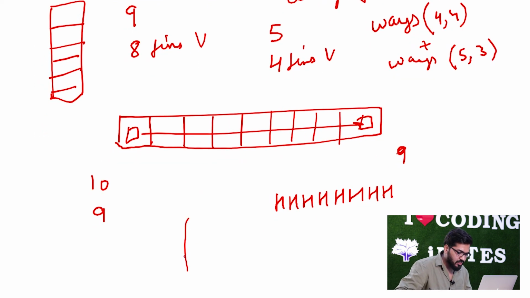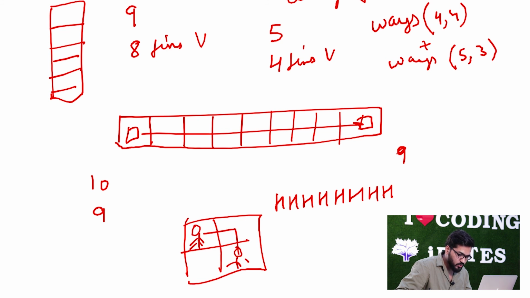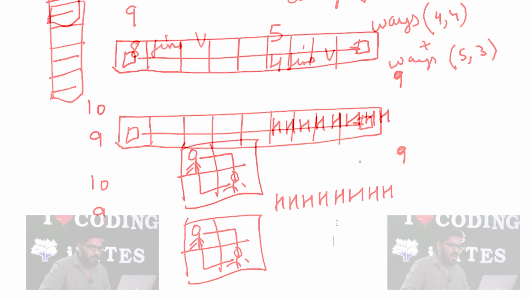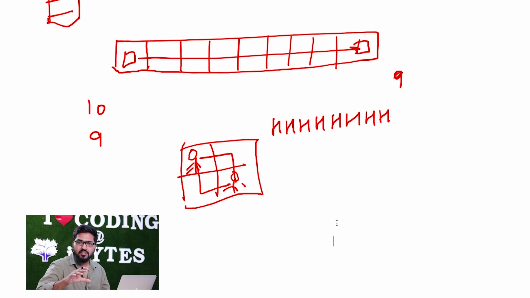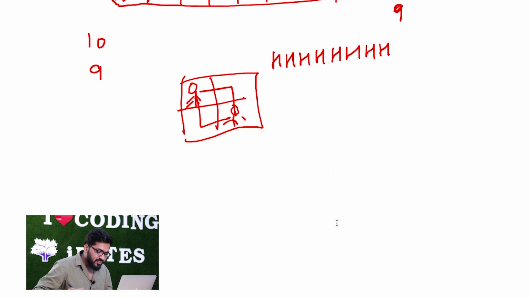If we have 2 rows and 2 columns, either this way or this way, so HV and VH. Accordingly we will get all the answers. By the way, if you were asked to just tell the number of ways, not all the paths, we could have done that very easily by using simple permutations and combinations.